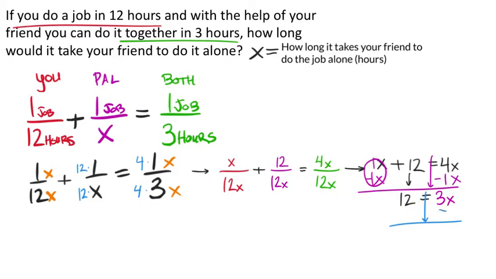So I'm going to divide both sides by 3. And now I can see your friend, how long does it take him? 3. Sorry, 4. I almost jacked that up. So 4, it's going to take your friend 4 hours if they were to do it by themselves. And so unlike the last problem, I guess you're the slow one in this one.